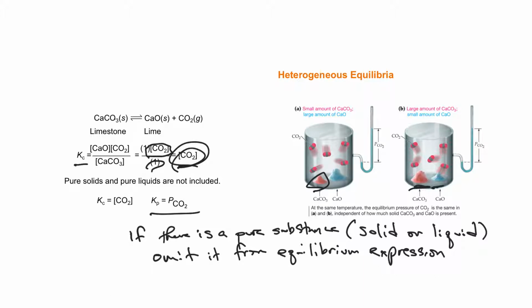The pressure of the carbon dioxide gas above it is going to be the same. You're going to make the same amount regardless of where it starts, and so this equilibrium constant is only based upon something that can change, and that is the gas pressure or the concentration of a solution.